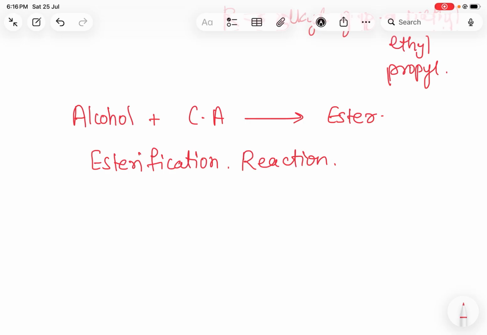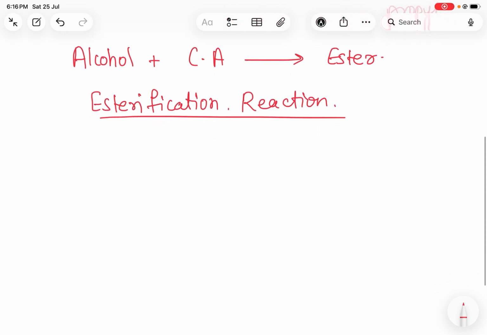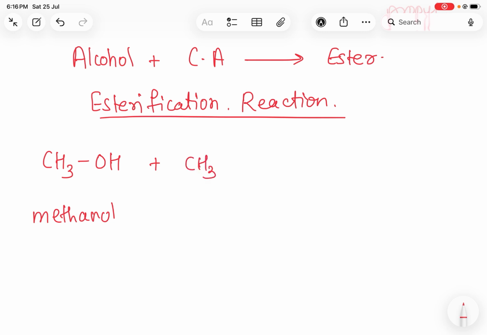For making an ester, I will start with a simple example. Let's take methanol. I will be writing structural formulas only. So we have methanol, which is CH3OH. And let's take ethanoic acid, which is CH3COOH.